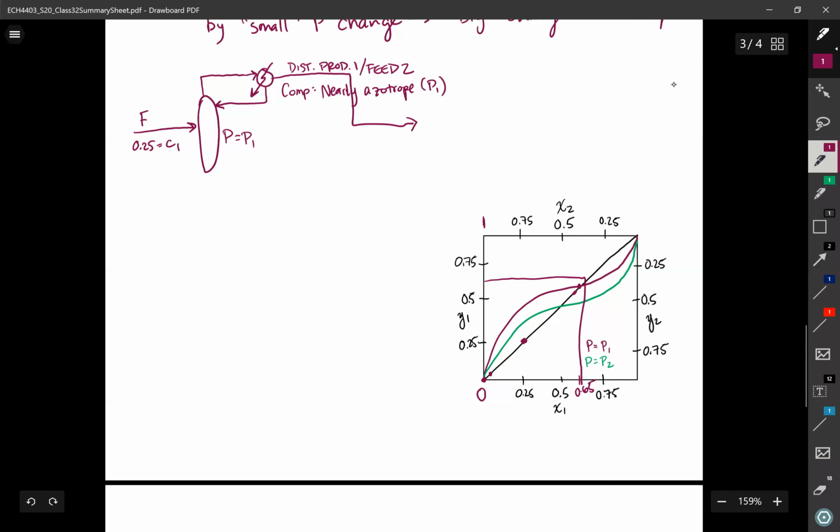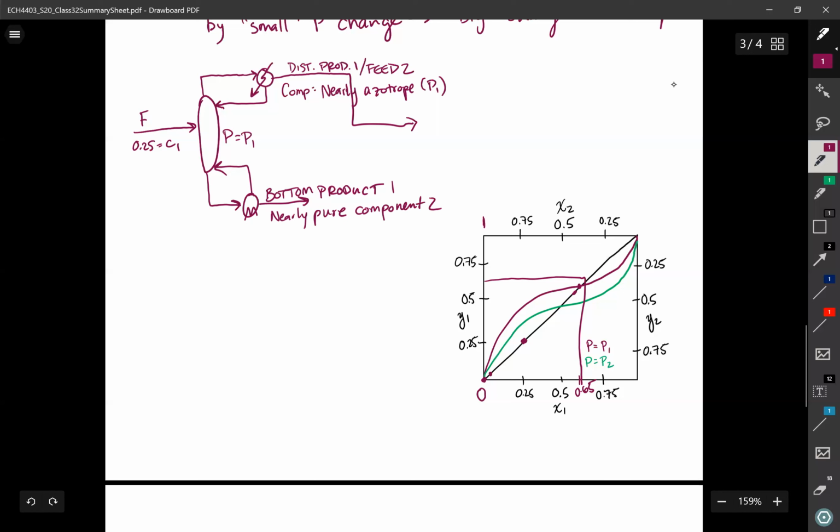So whatever the azeotrope is for pressure 1, that's what my composition will be from the first column. From the first column, I have a second stream, from a typical partial reboiler. The bottoms product is going to be nearly pure component 2. Bottoms product 1, nearly pure component 2.